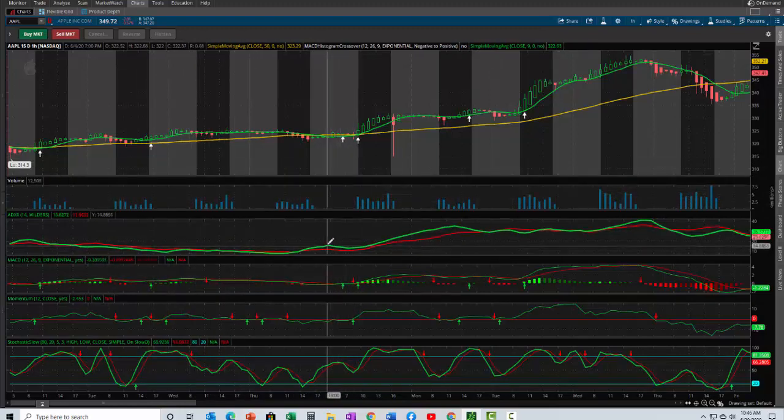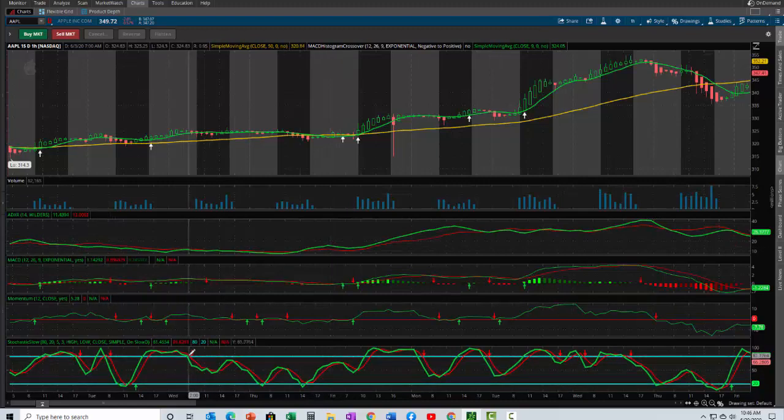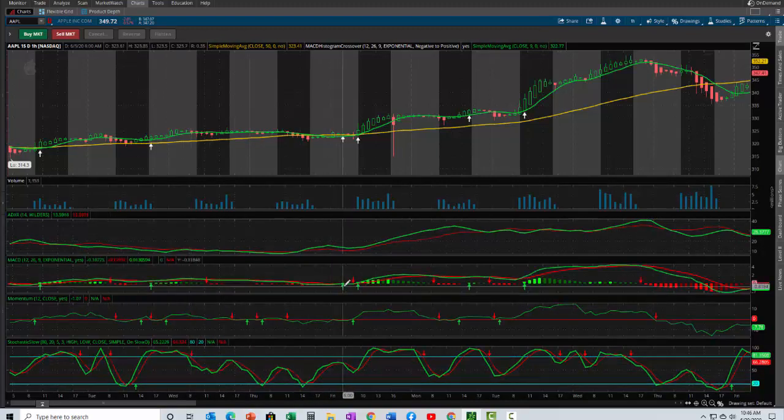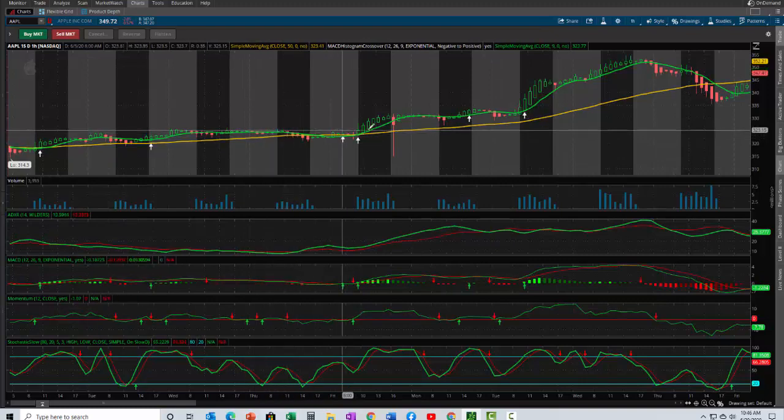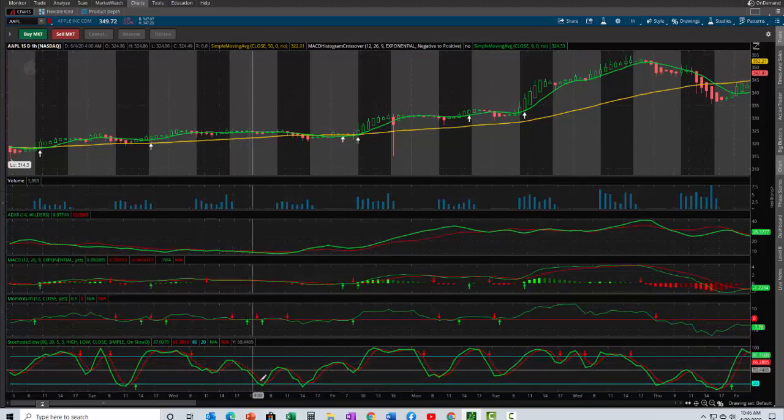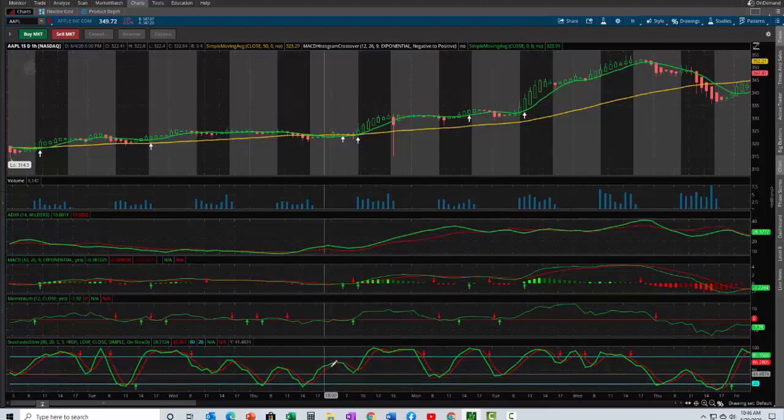But here's the only time you can play a red stochastic with green momentum, ADXR, and MACD: if you are trending above the 50 SMA line. If you're trending above the 50 SMA line, it's okay for this to be red as long as you have good pullbacks like this.